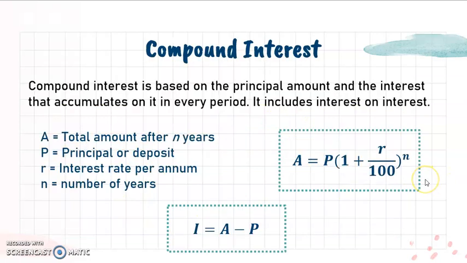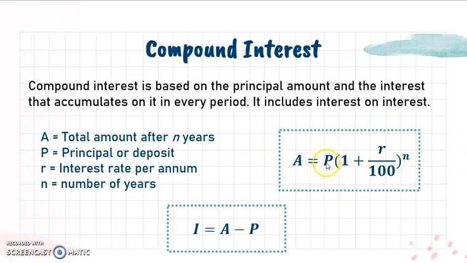Whereas compound interest is based on the principal amount or deposit and the interest that accumulates on it every period. It includes interest on interest. For compound interest, you have to know this formula.